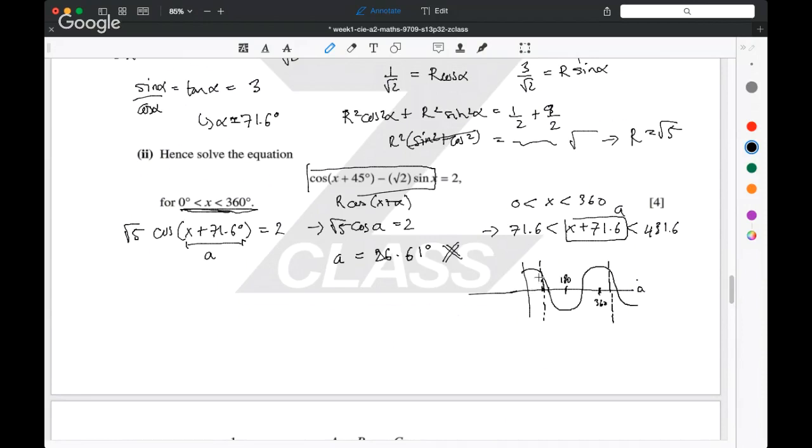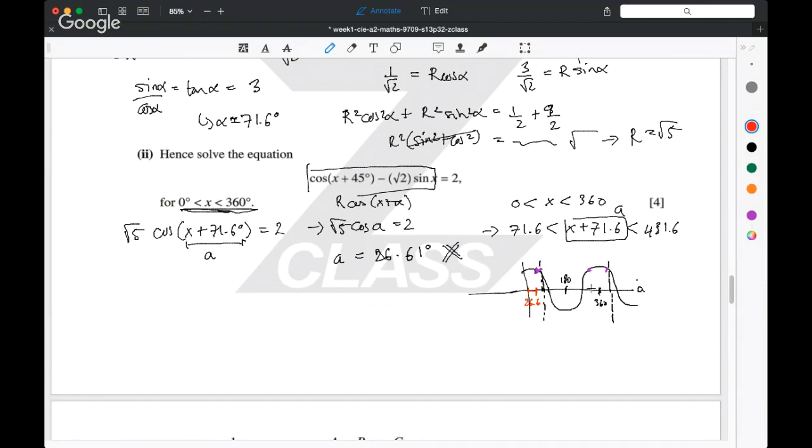So what it's done is it's picked out this point, because that's where the cosine is equal to 2 over square root 5. But that's not the points that I'm interested in. I'm interested in these same points which also give 2 over square root 5, but are over here. And so you'll notice that this is that 26.6.